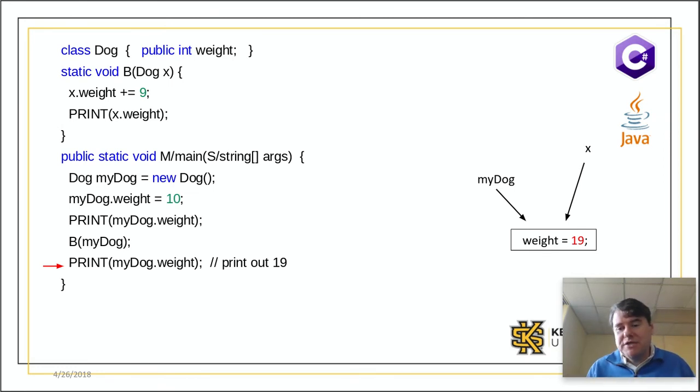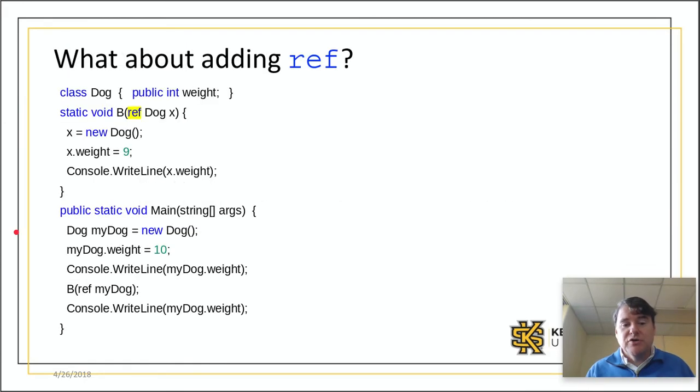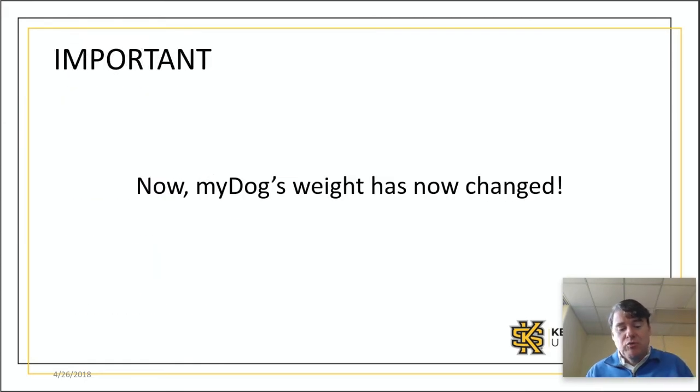That's what's being copied. So what I need you to think in your head is that the entire object is actually being passed to the method, and changes that happen up here actually affect the main object down here as well. That's super important. The dog's weight actually changed when we did this.